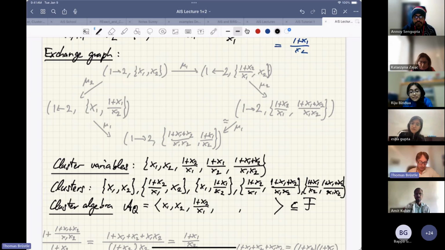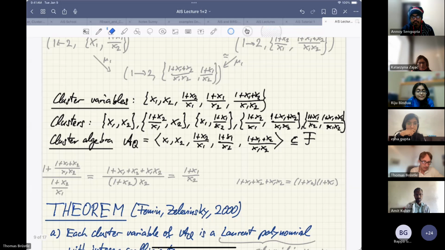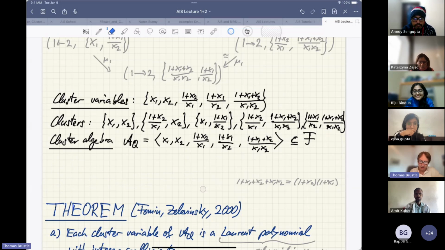Okay, and the cluster algebra is the algebra generated by the cluster variables. So the cluster variables are those, and I just take the commutative algebra which is generated by those rational functions. If I messed up my calculations, I could cheat and look down here, but we got that right.